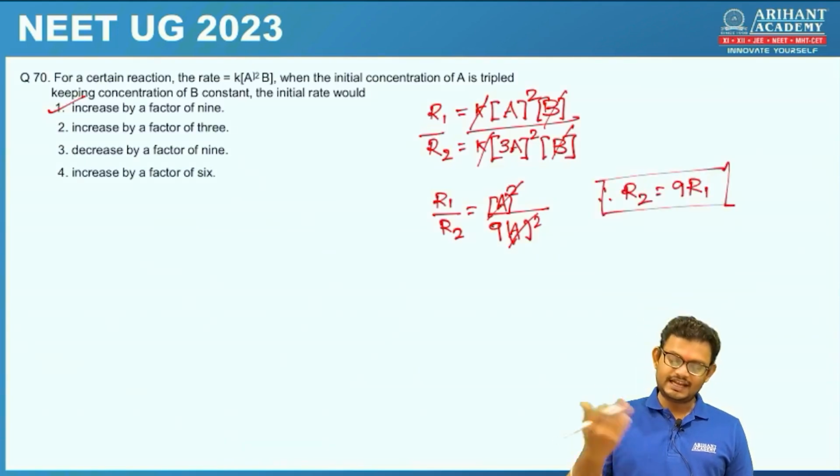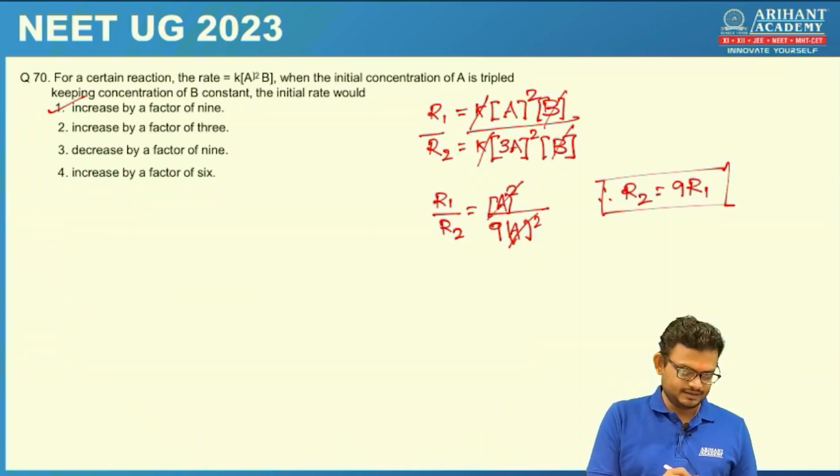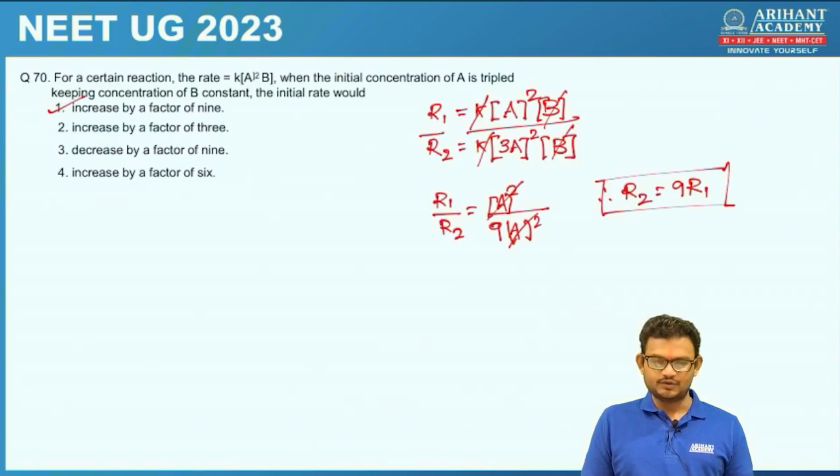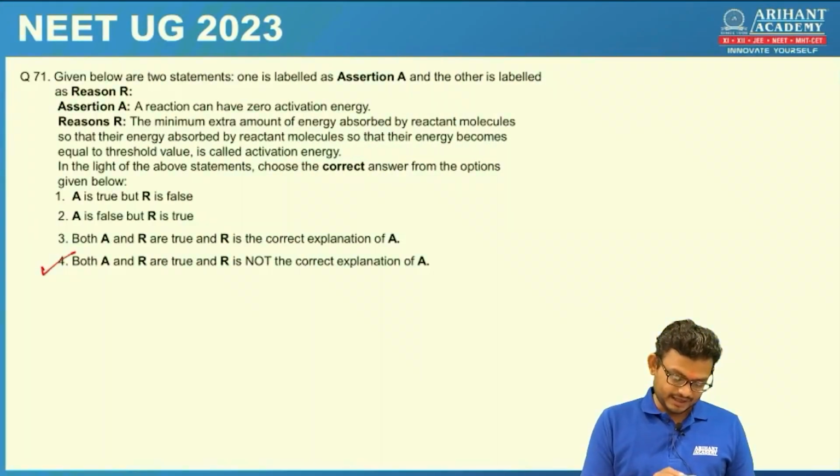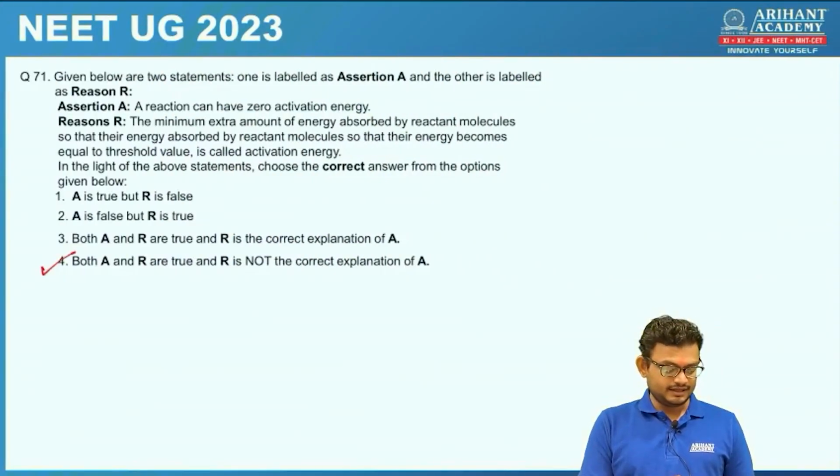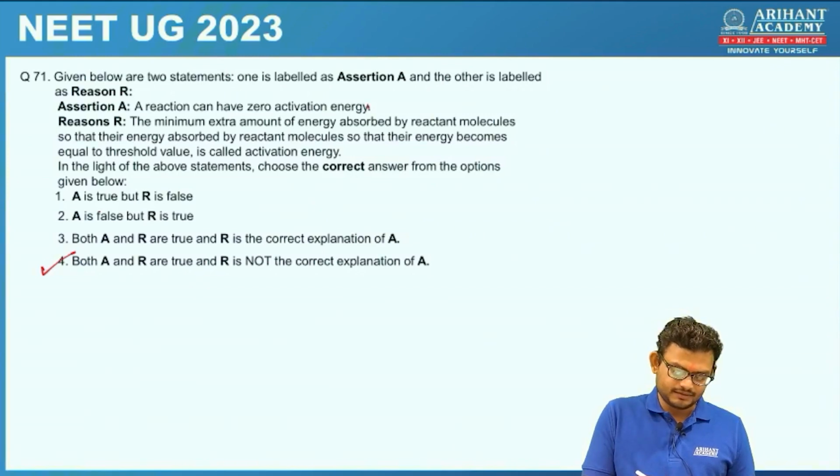So there is an increase in the rate of reaction, which is option 1. Let's go for the next one. Again, assertion reasoning. Let us go for the first assertion. A reaction can have zero activation energy. Definitely. Why not? It can.